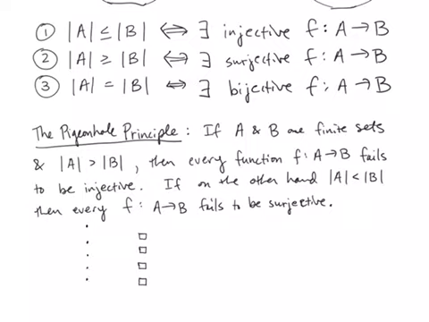So this is your set A here, and this is your set B. If you have 5 pigeons trying to find their way into 4 holes, then it definitely has to be the case that one of the holes has at least 2 pigeons in it. So best case scenario, they each go for the first one they see.